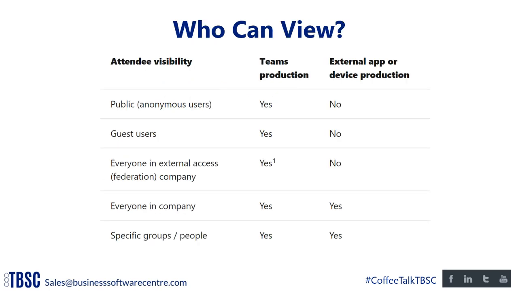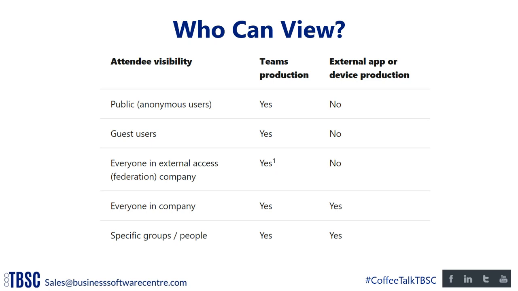Now, who can view? Whenever you are scheduling a Teams live event, you have the choice of who your audience is. What's really nice about this is, say you just have a private company announcement, you can choose specific groups of people, specific users, or just your company.